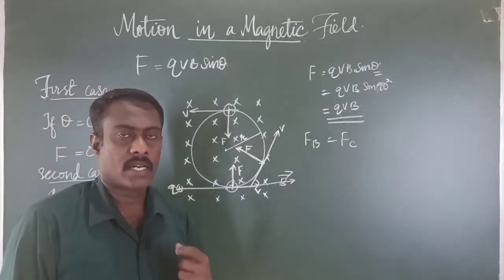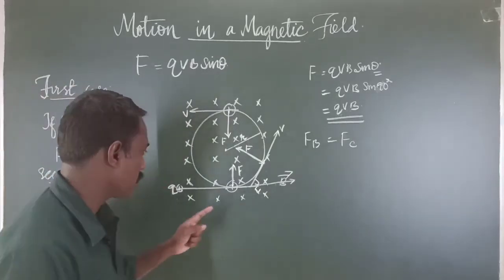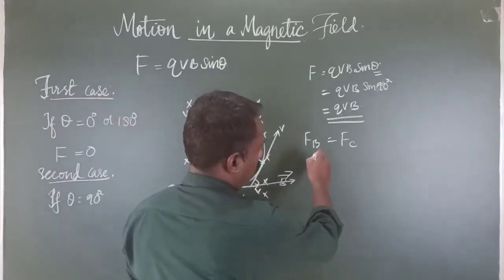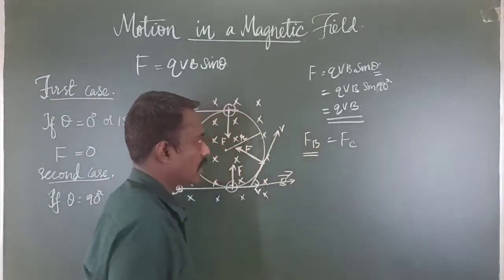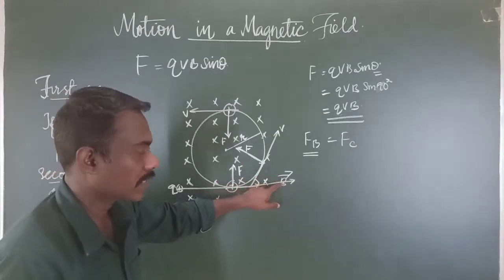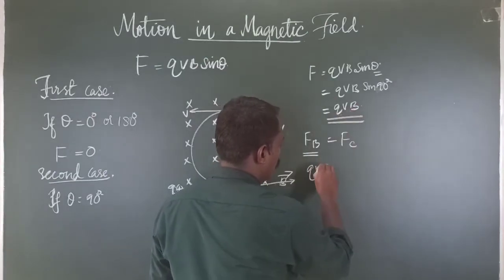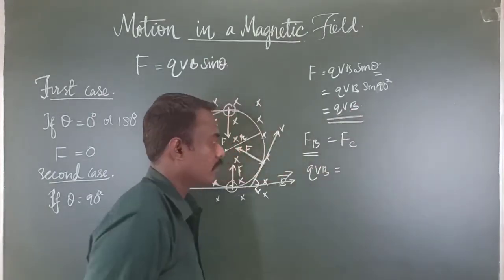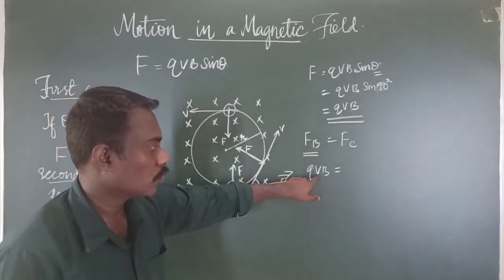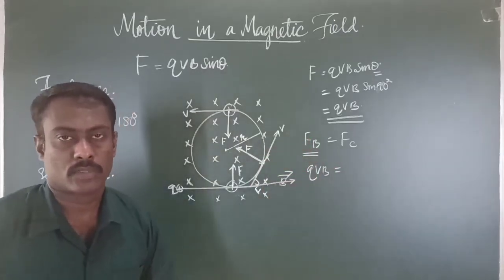What happens when a charged particle moves at right angle to the magnetic field? That means theta is equal to 90 degrees. So we will get the maximum value when the charged particle enters the magnetic field at right angle to the direction of the magnetic field, whose value we already calculated as Q into V into B. Then FB, the force exerted by the magnetic field, is equal to QVB when the charge enters the magnetic field at right angle to its direction.